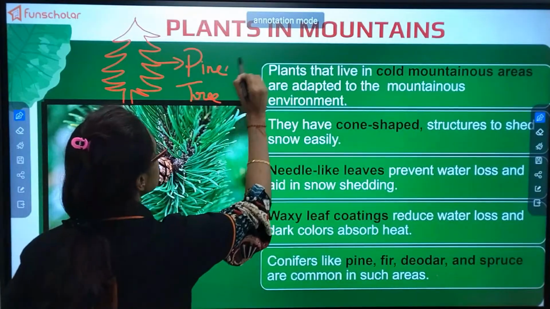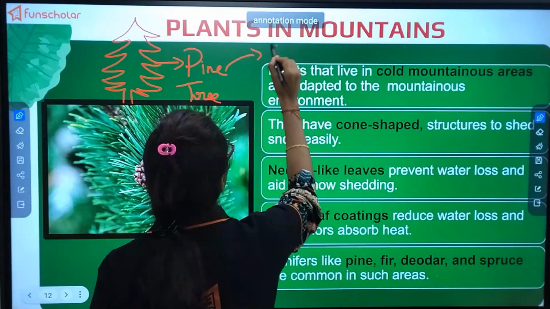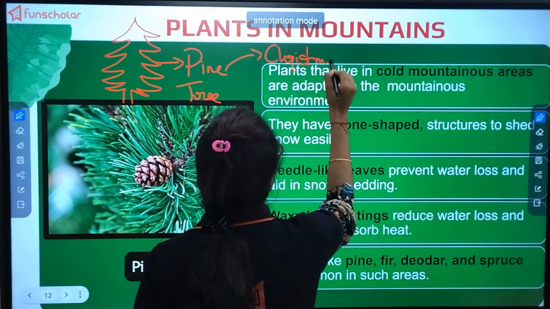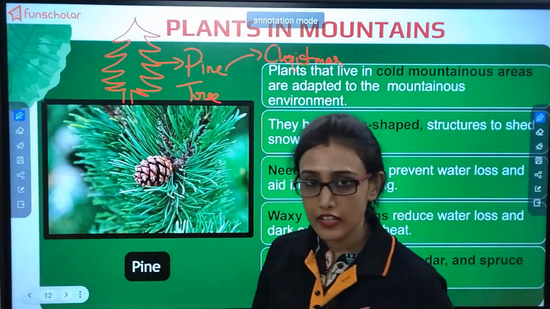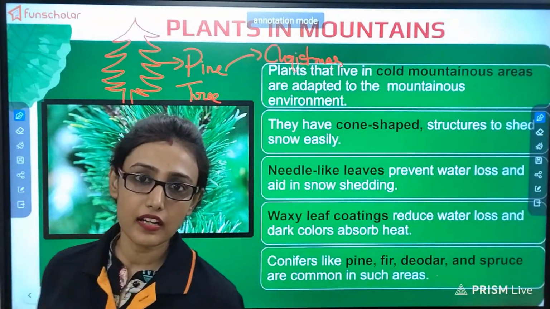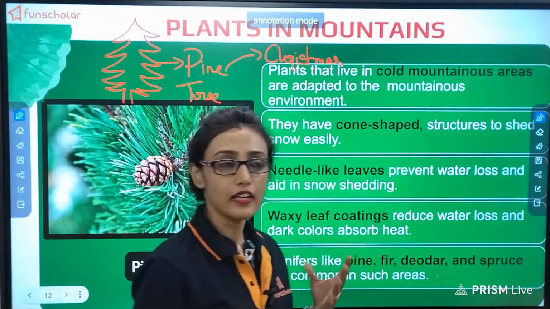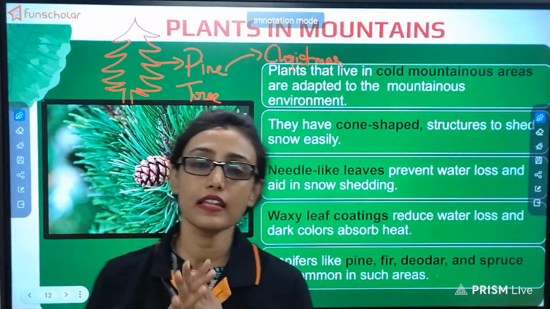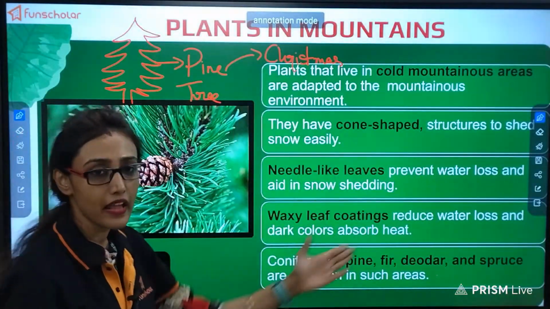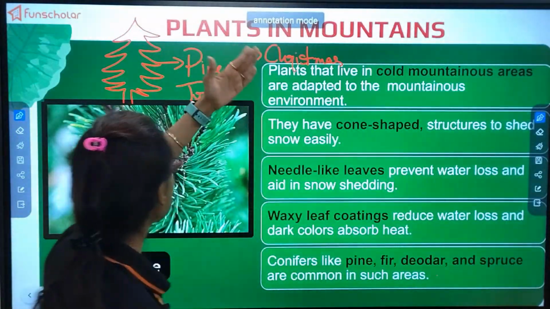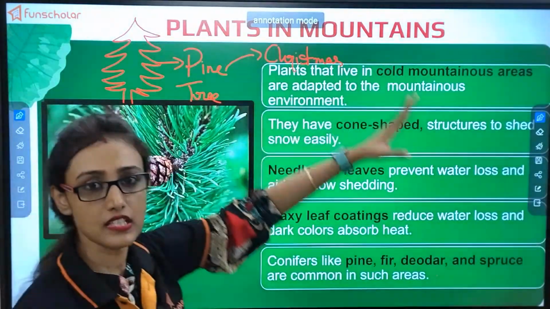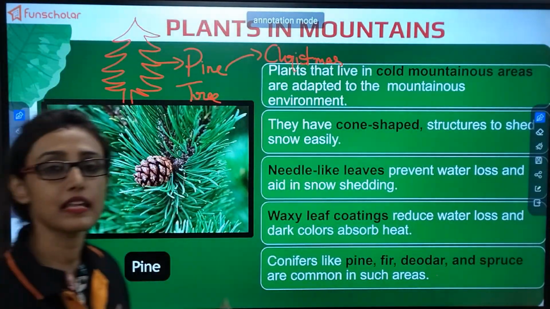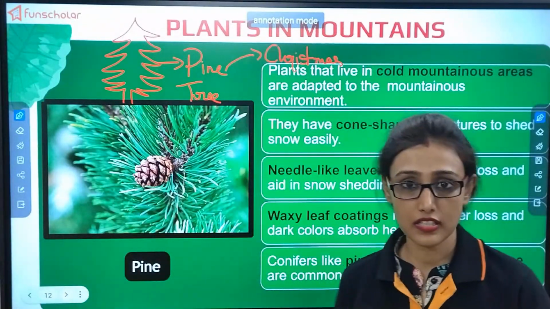Often used as Christmas trees. You all know about Christmas. You love Santa Claus. He comes every year to gift you something. Everyone is well aware of Christmas, and you have seen that during Christmas the Christians decorate this type of pine tree with various items, various decorations.